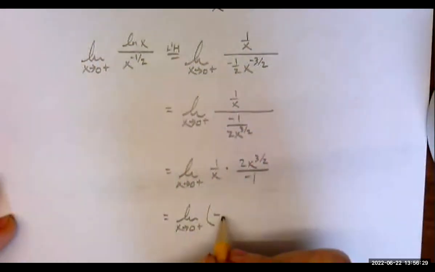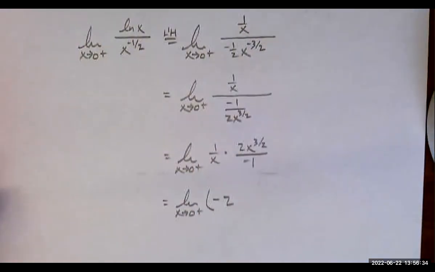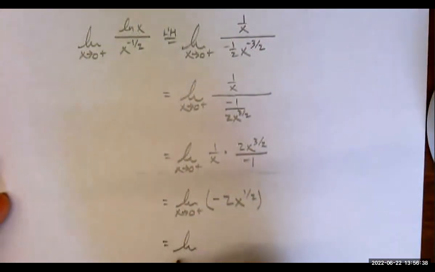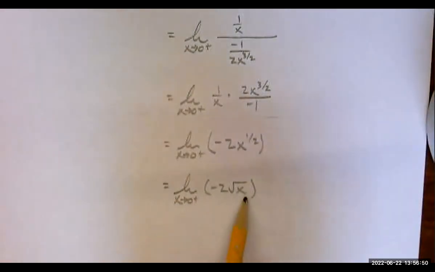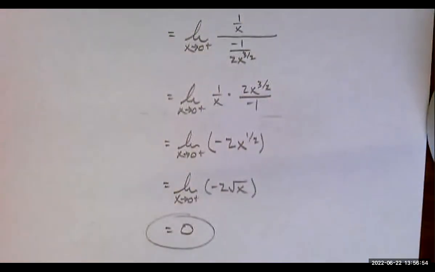See, the 2 will be there, and the x's will reduce, 3/2 minus 1, x to the 1/2, or maybe I even call it negative 2 square root x. So, well, now, yep, I'm safe to plug in 0, and what do you know? That results in 0.